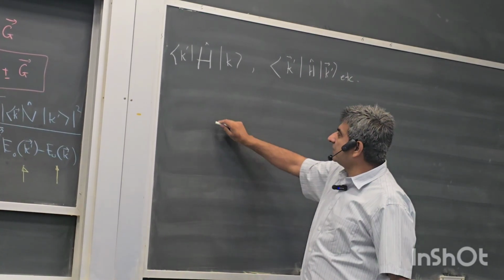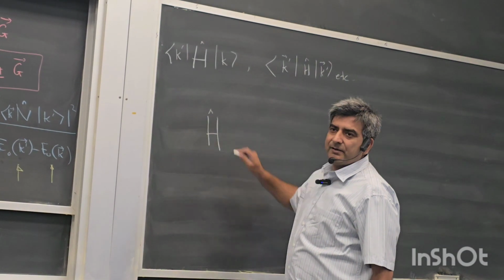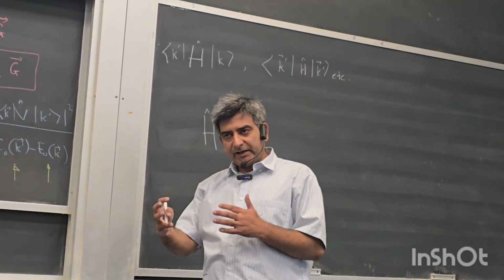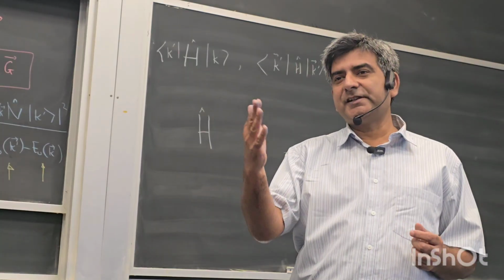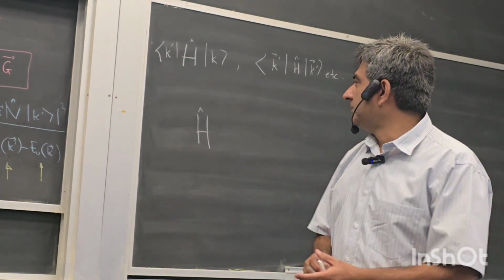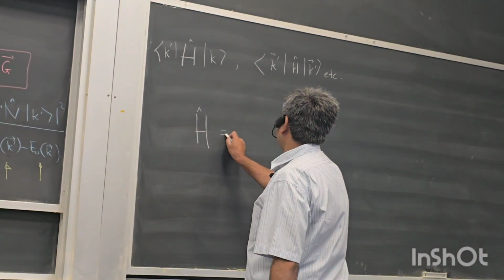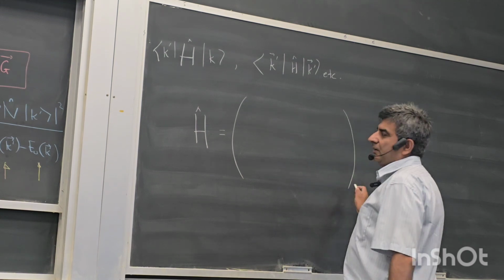So let's write down the Hamiltonian in a basis offered by the eigenstates of the unperturbed Hamiltonian, and those eigenstates are k and k prime. So we write down the Hamiltonian as a 2 by 2 matrix.